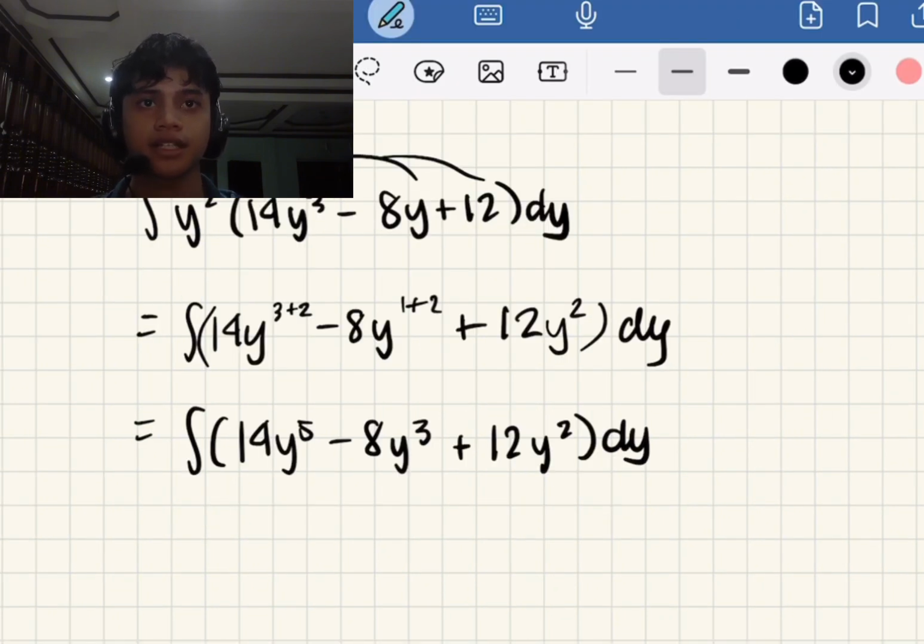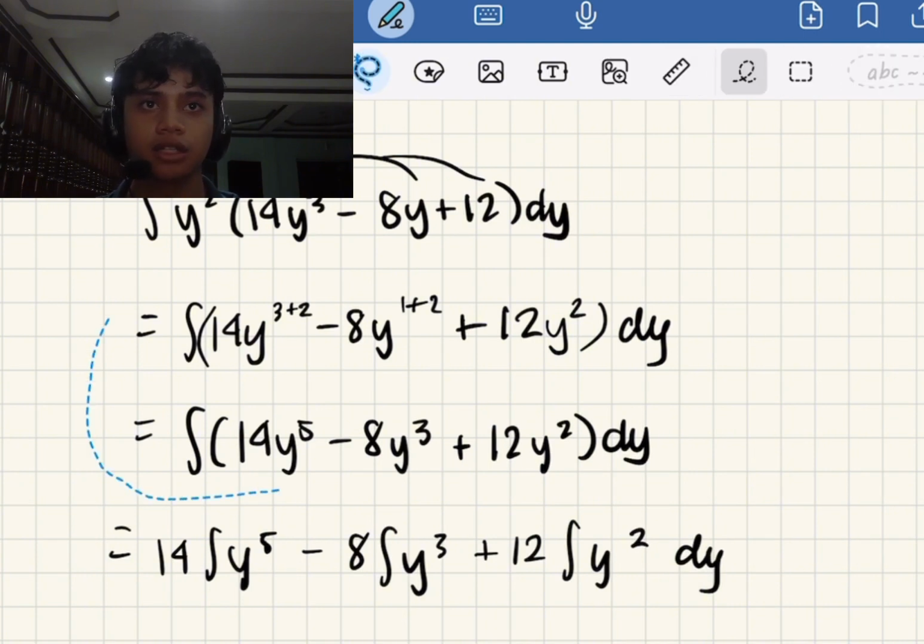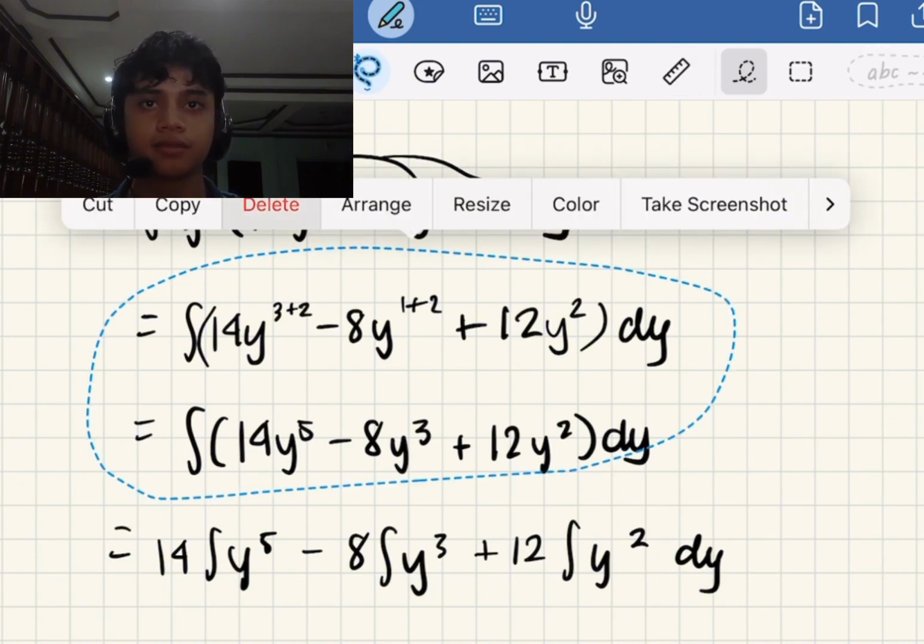To start finding the answer, let us separate the whole numbers with y so that it'll be easier. So that's 14 integral of y to the fifth dy minus 8 integral of y cubed dy plus 12 integral of y squared dy. Now that it's all cleared up, let us answer.